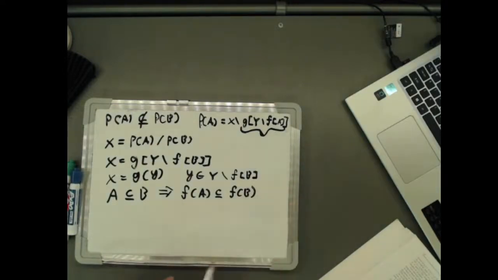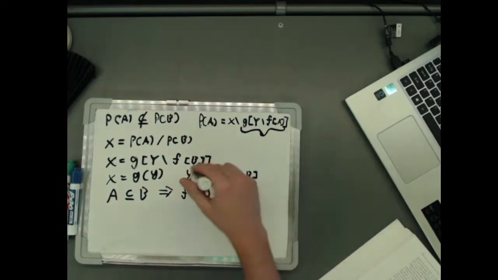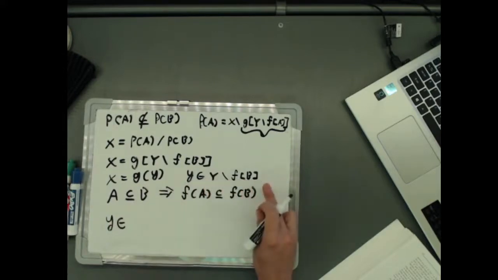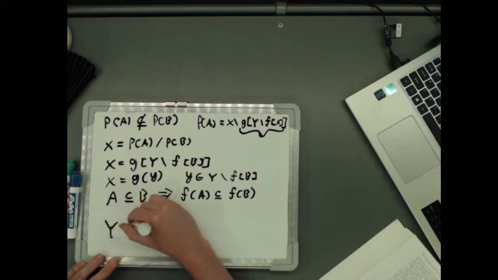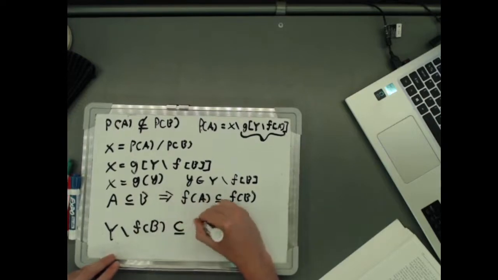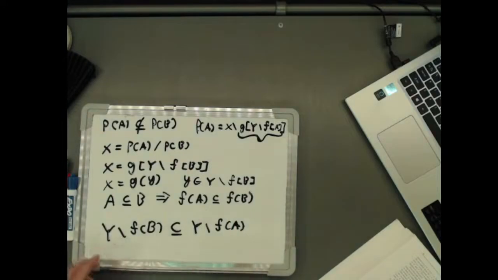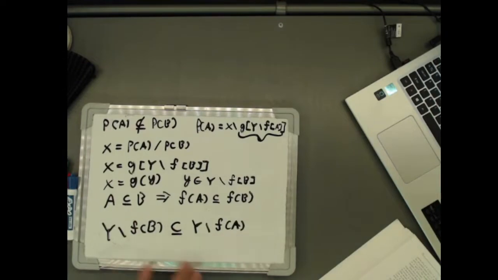What I'm getting at is that F of A is a subset of F of B. So Y, if it's in Y minus F of B, and Y minus F of B is a subset of Y minus F of A, you can see that because everything not inside F of B is also not going to be inside F of A.